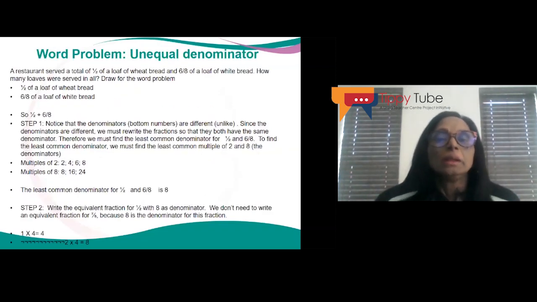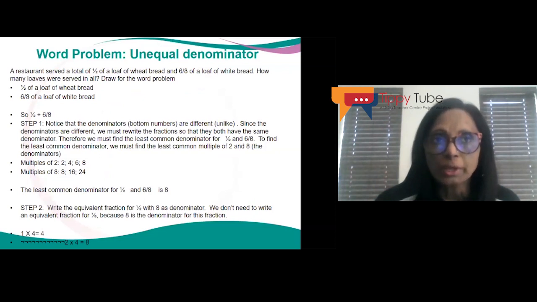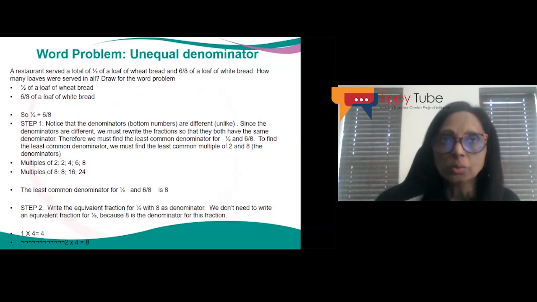Now, let's move on to word problems related to fractions. We cannot add two fractions if the denominators are different, and that is what we call unequal denominators. Hence, we cannot say that 1/2 plus 2/4 is equal to 3/6.